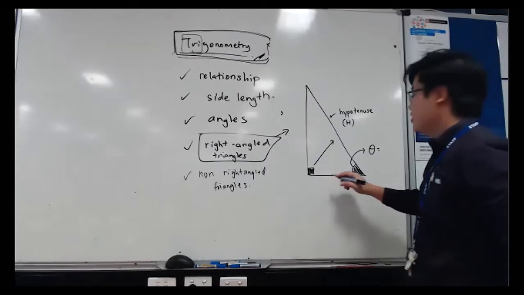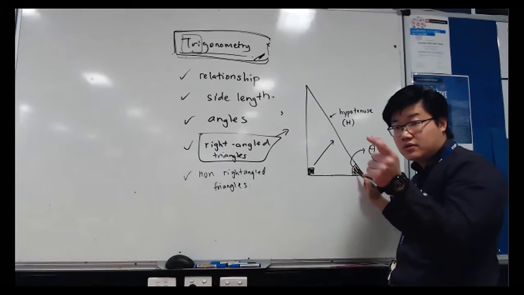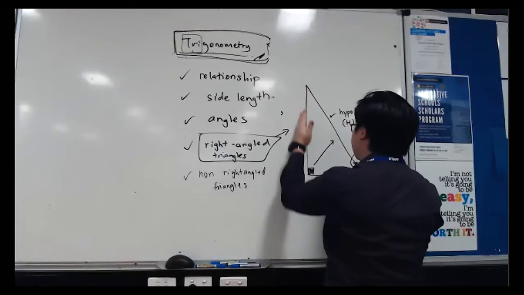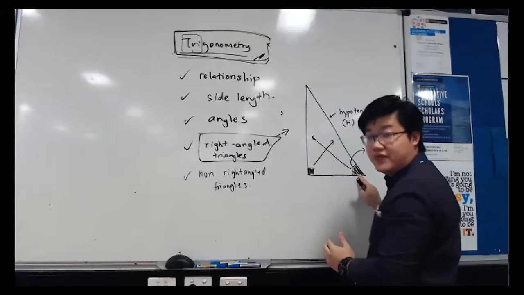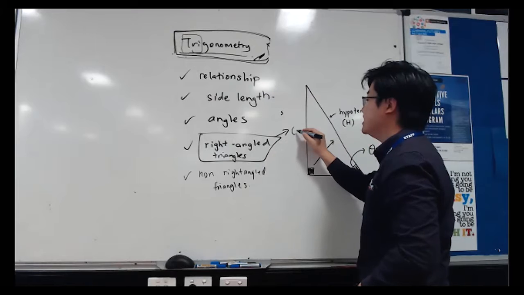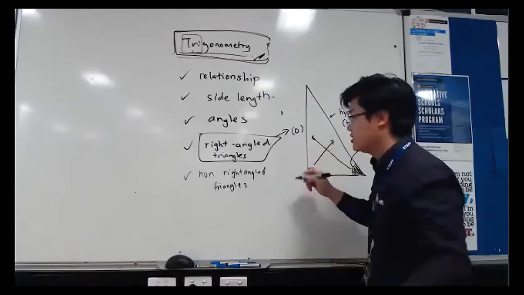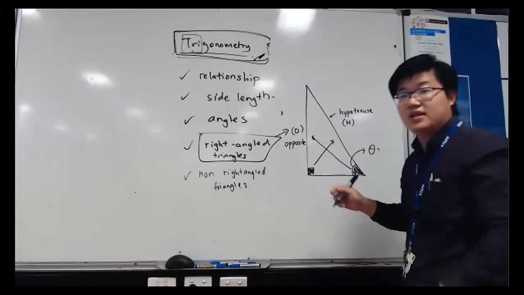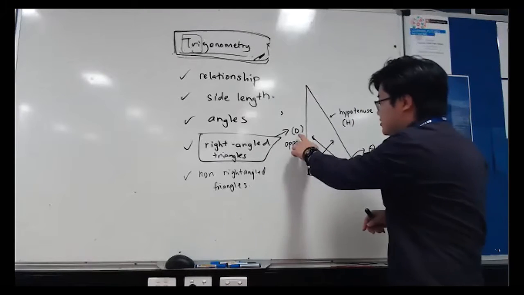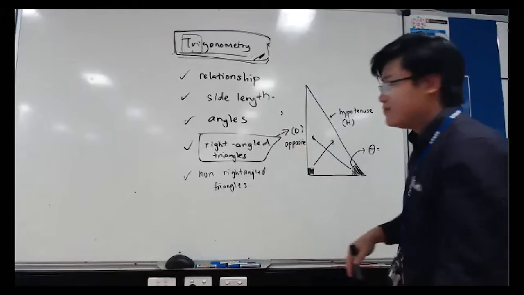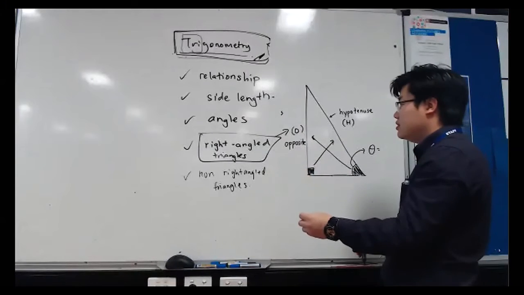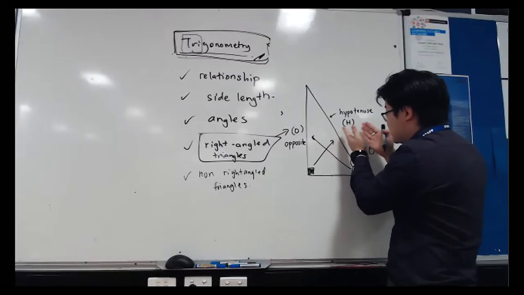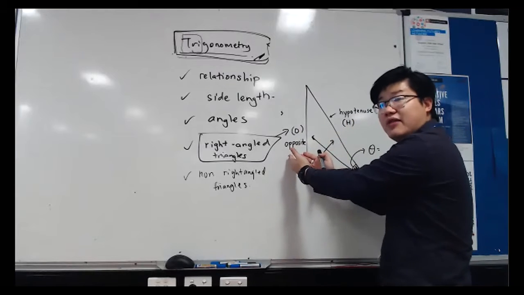Next, moving on. If that is the reference angle, the side which is directly opposite to the reference angle is the opposite side. Common sense. As you know, I'm always lazy, I just put an O. O means opposite. Last but not least, we have already known the name for this side, which is hypotenuse, and the name for that, which is opposite.